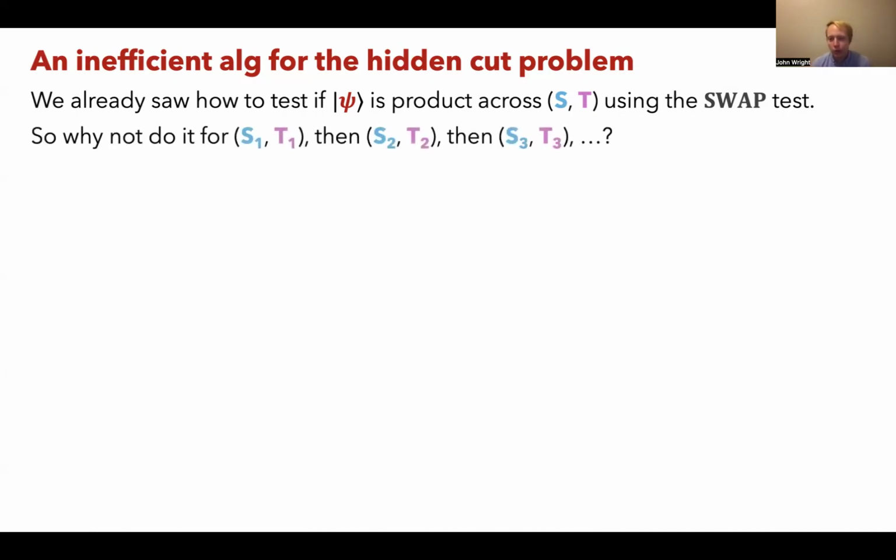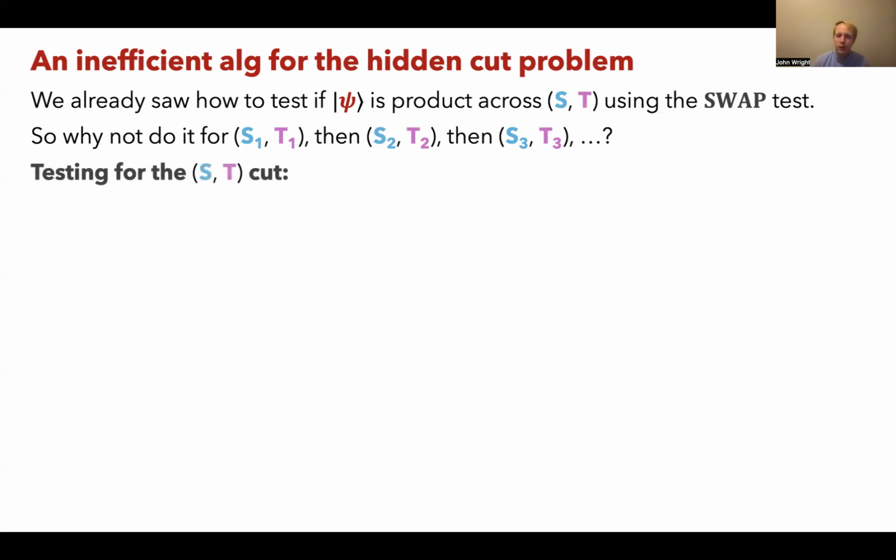So a natural thing to do is why not try this out for one cut S1 T1 and then for S2 T2 and then S3 T3 and so on until you finally find the right cut using the swap test. And that's exactly what we're going to do.